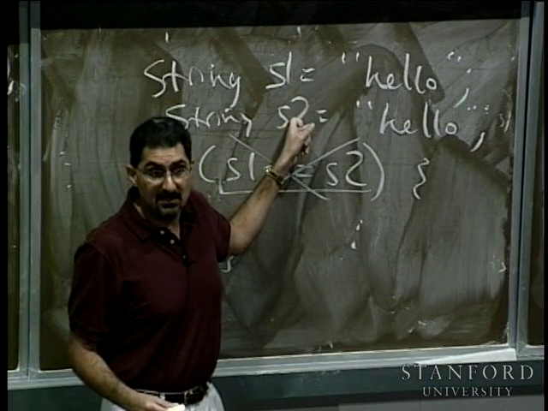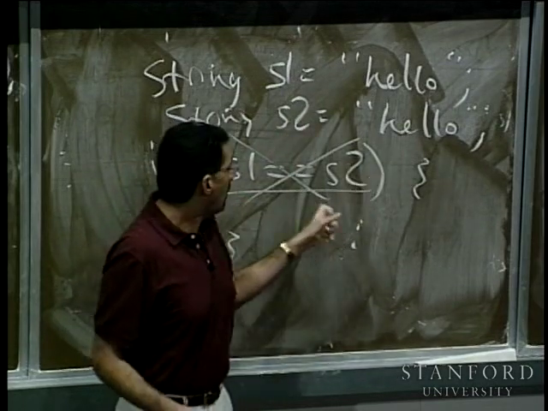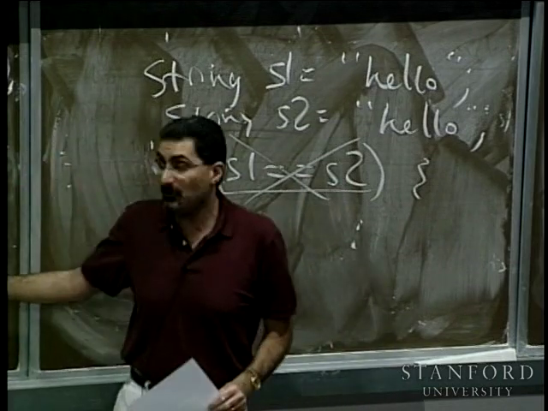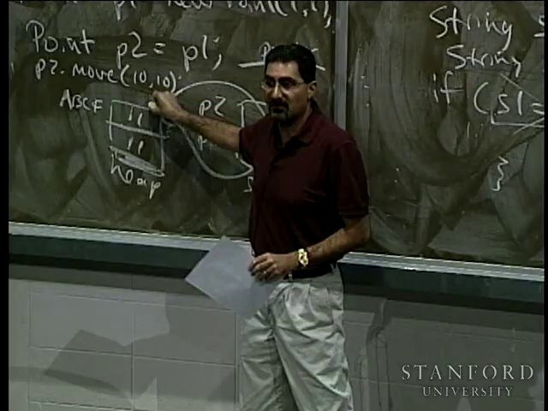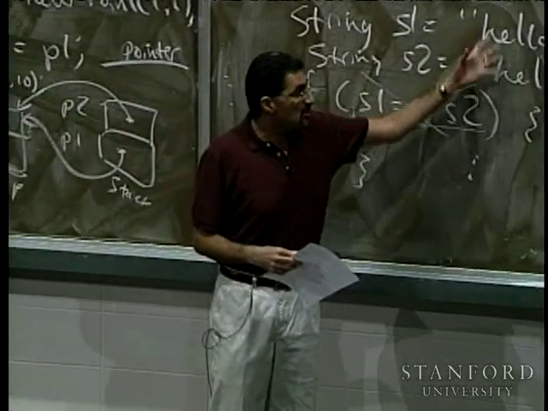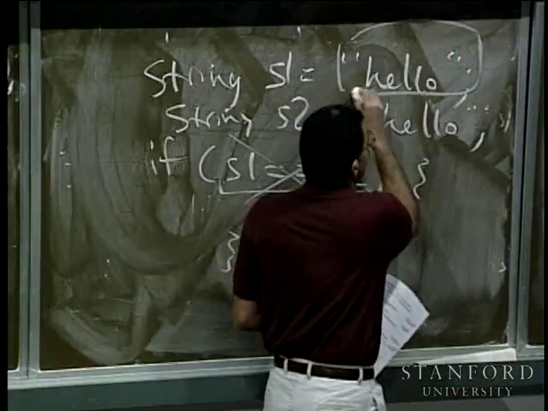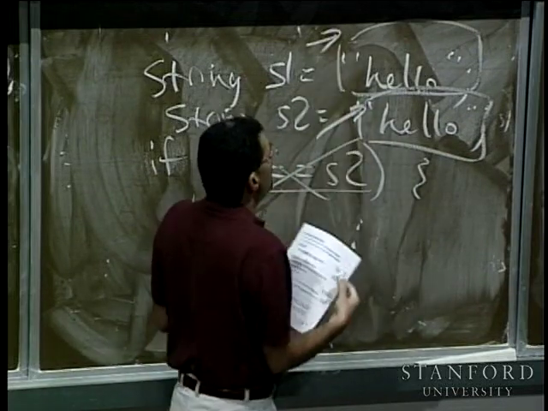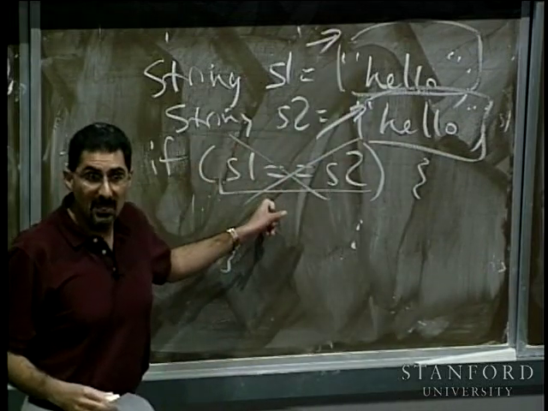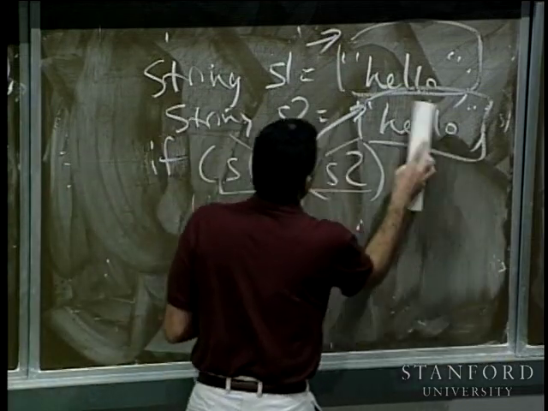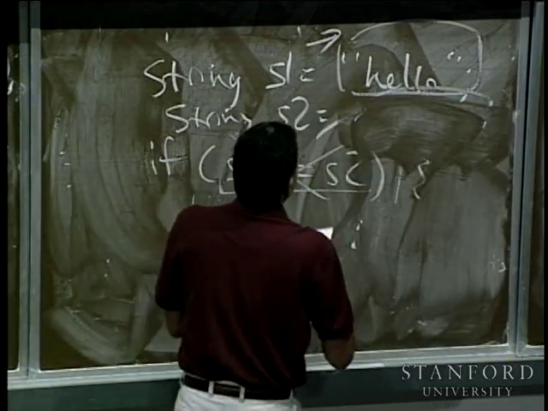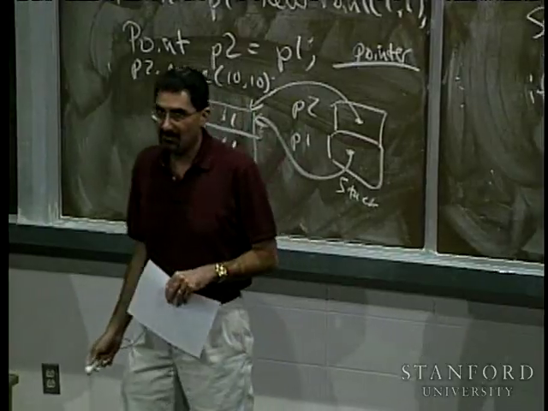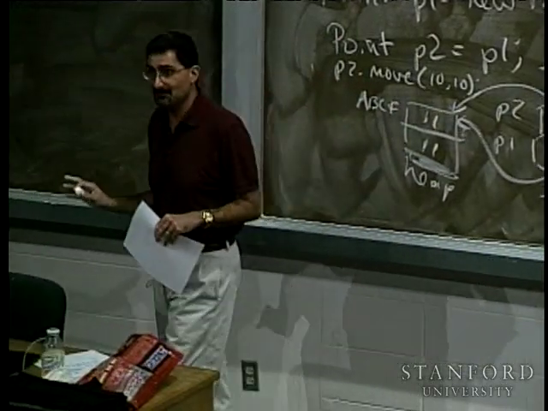These strings are objects with memory associated with them. When you check whether the objects are equal, it's looking to see whether they refer to the same actual thing under the hood. These are not: there are two versions of hello in different places in memory. One's over here and one's over here, so s1 is a pointer here and s2 is a pointer there, and they are not equal. They would only be equal if they were the same object, if I set s2 equal to s1. Any questions about that?